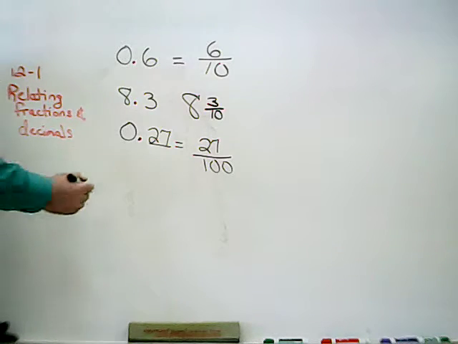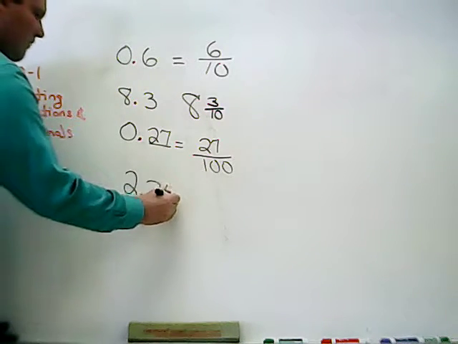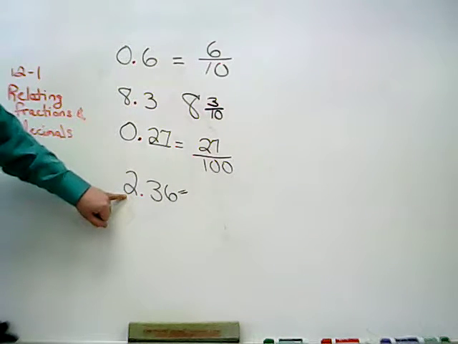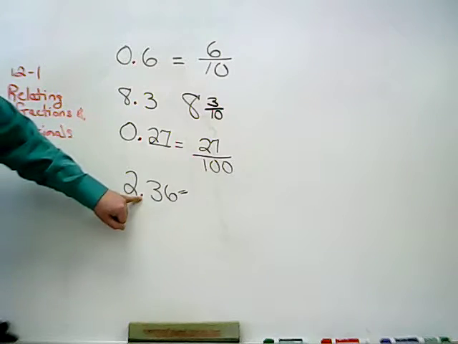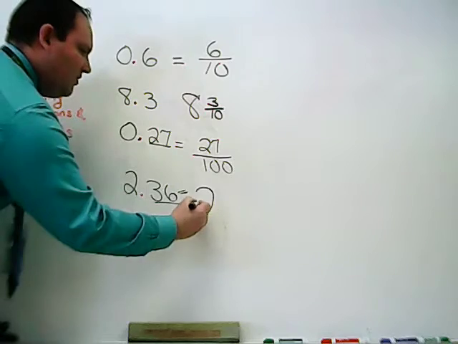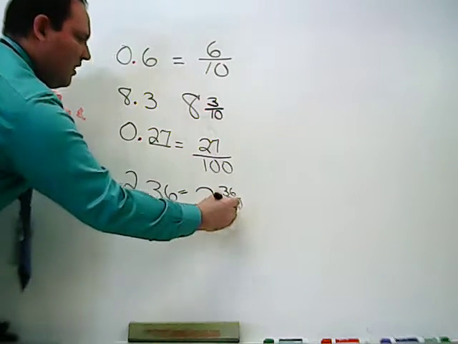And same idea if you had a whole. I would say this number as 2 wholes, so 2 and 36 hundredths. And that would be 2 wholes and 36 hundredths.